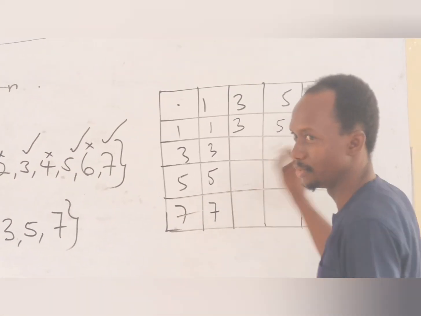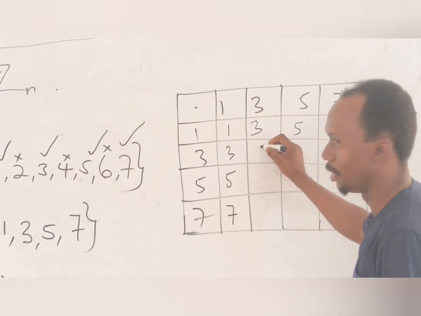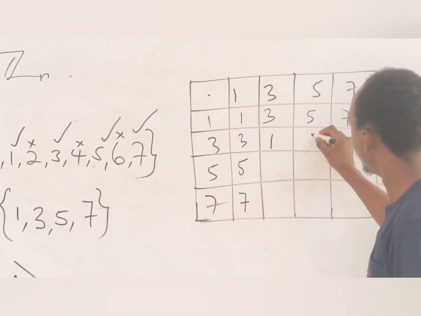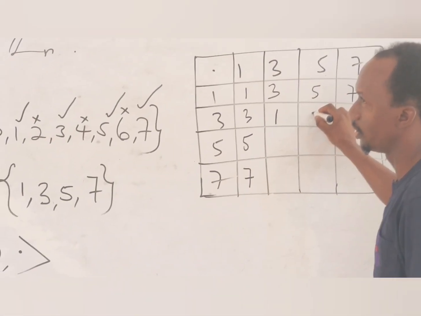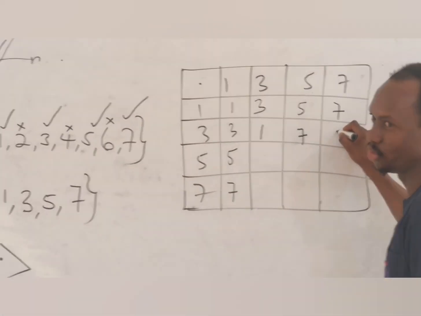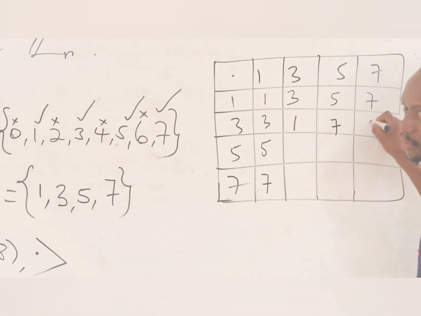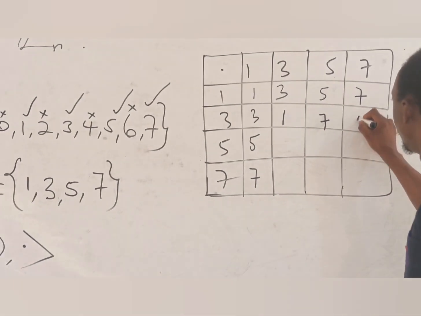That's easy. So let's do the rest. 3 times 3, 9, which is 1 mod 8. 3 times 5, 15, 7 mod 8. 3 times 7, 21, 5 mod 8.